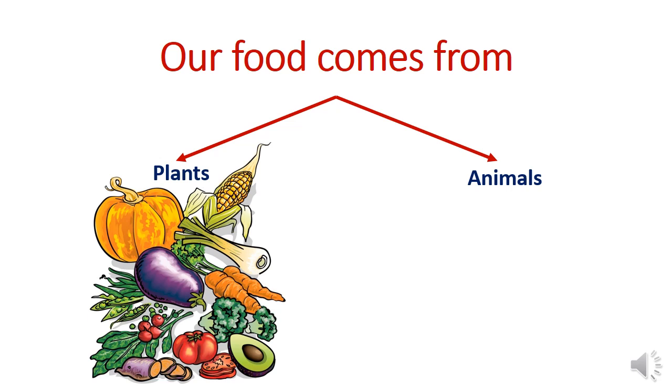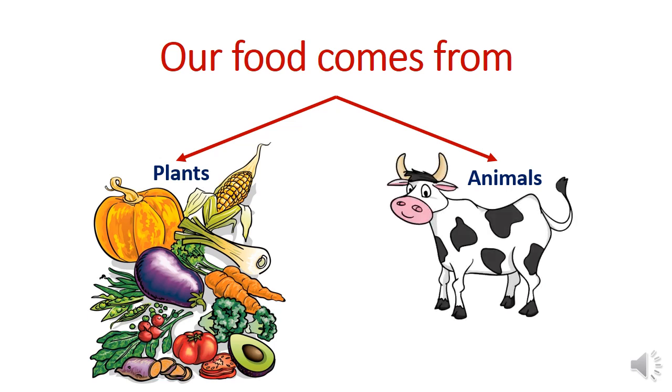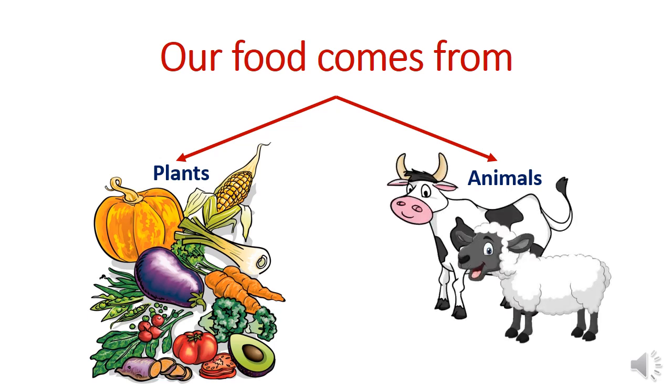They all come from plants like tomato or eggplant or carrots. However, animals can come from the cow, the sheep, the chicken, or even the bees. Do you know what the bees give us? Let's see together in this lesson.